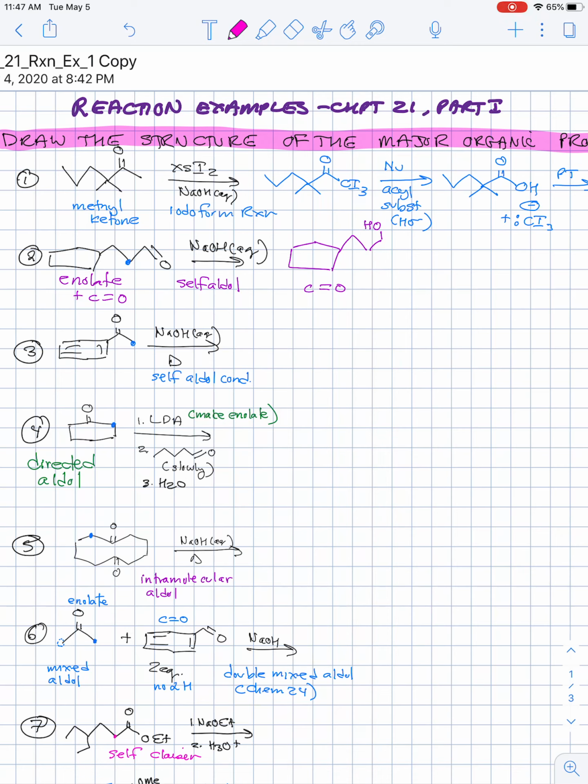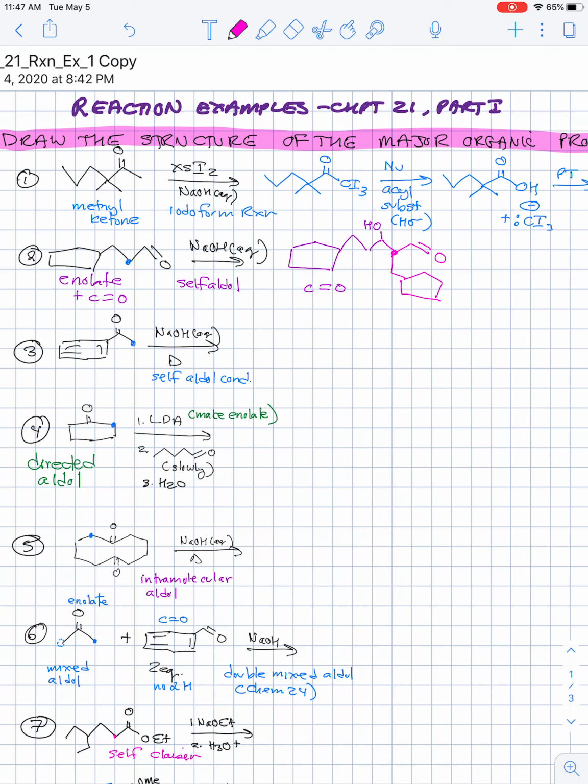Not there though. So the enolate reacts with the carbonyl carbon, and there's my enolate carbon. So I just drew my new carbon-carbon bond. So we have one bond, and then it goes to the aldehyde, and then we have a methylene and this 5-membered ring, which I didn't attach very well.